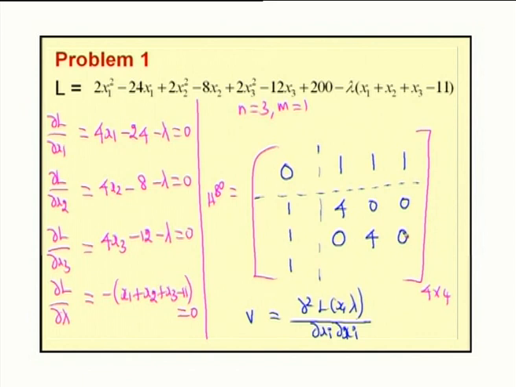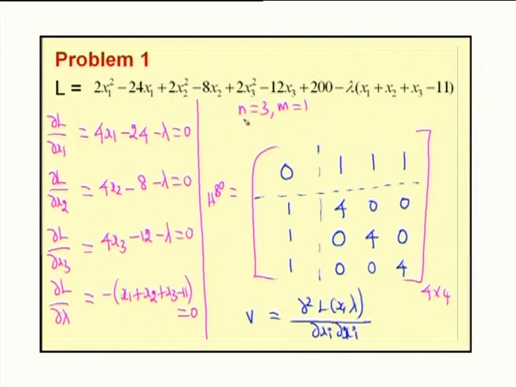Therefore, in this row we will get 0. Next, the third row of V: the value of dou squared L by dou x1 dou x3 is 0. So, in this place we will put 0. Then dou squared L by dou x2 dou x3 is also 0. In this place we will put 0. Then dou squared L by dou x3 squared is 4. In this place we will put 4.